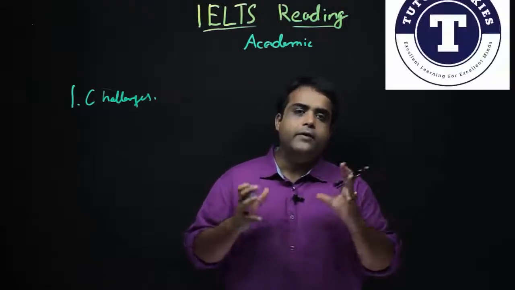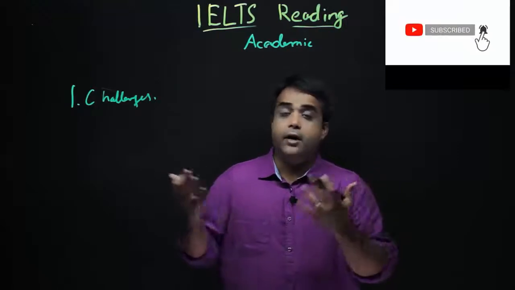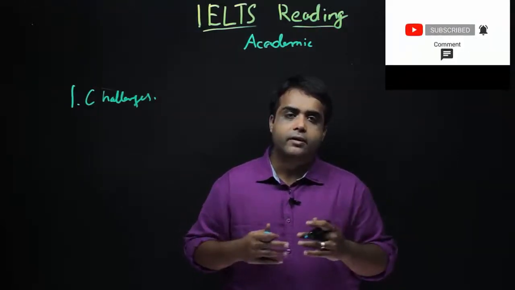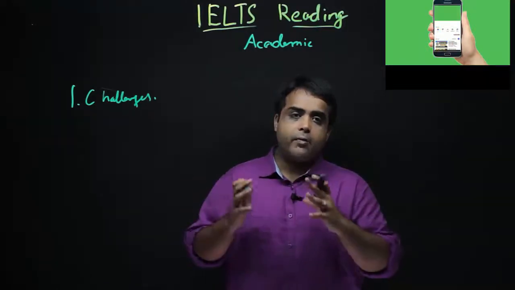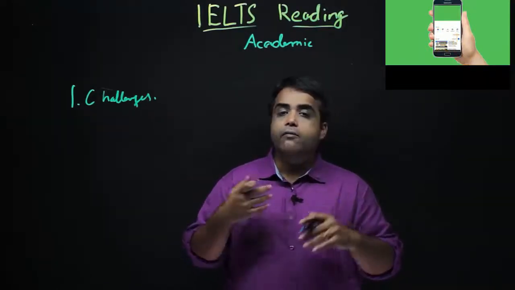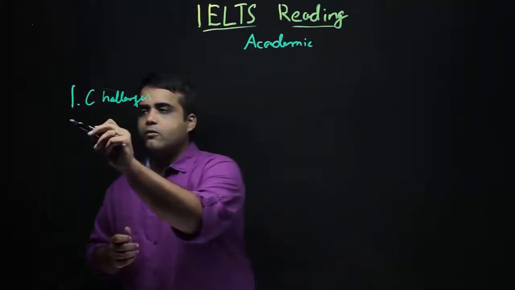Now all of us are at a different level currently. I might be at a reading level 6, you might be at level 7, someone might be at level 5. Okay. The challenges, if we are able to identify them properly, will give us a lot of time to work upon them. Now just challenges will not solve a problem.